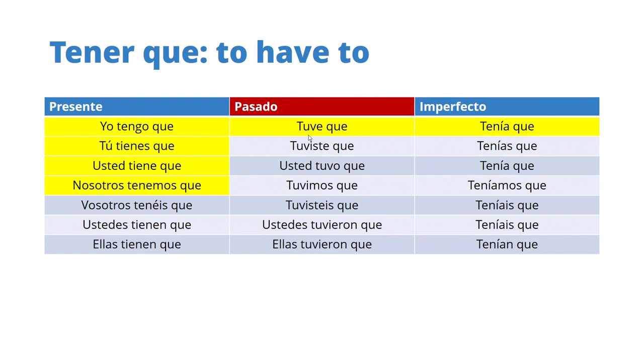If I say yo tuve que ir a la tienda, that means I actually did it. If I say yo tenía que ir a la tienda, I could have, I might not have. It's just a simple description of what I had to do. There's no connotation as to the task was accomplished or anything like that. But the highlighted ones are the ones that you should focus on first, especially at high school level.